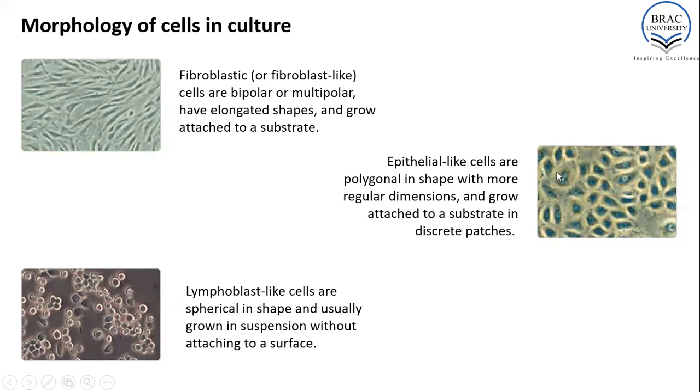On the other hand, the epithelial-like cells are polygonal in shape, with more regular dimensions, and they also grow attached to a substrate in discrete patches. While the lymphoblast-like cells are spherical in shape and usually grow in suspension, without attaching to a surface. So these are the three basic morphologies of cell culture.